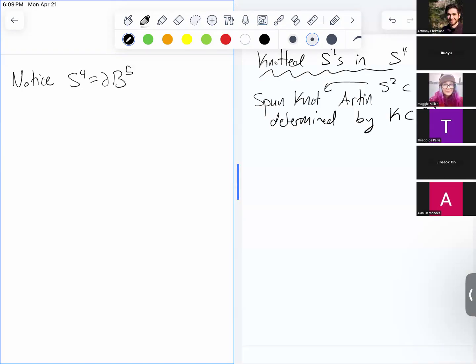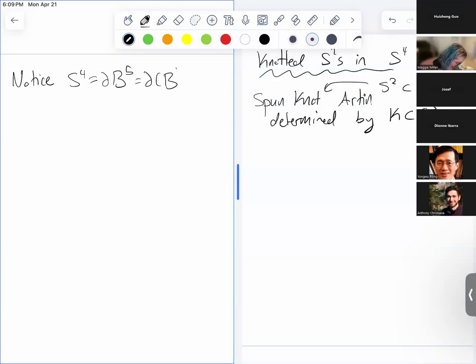That's nice. That seems trivial, but of course that means that it's the boundary of a B3 cross B2. So then Leibniz rule, we get S2 cross B2 union B3 cross S1. So the four-sphere splits as a union of a thickened two-sphere and a thickened circle. Okay, so these are going to be our two basic pieces in our decomposition.